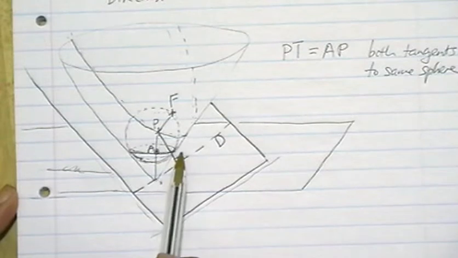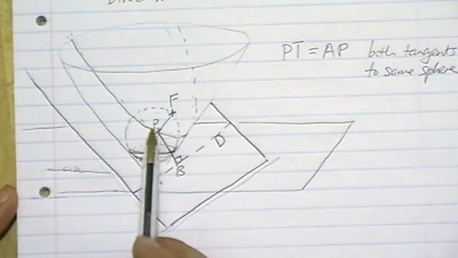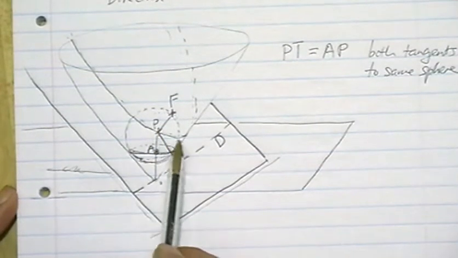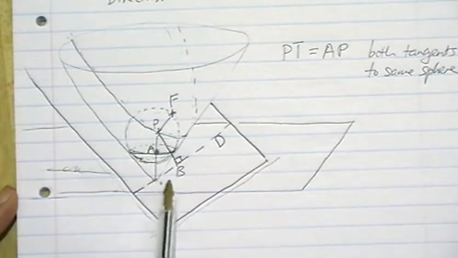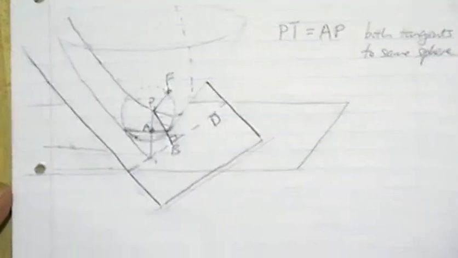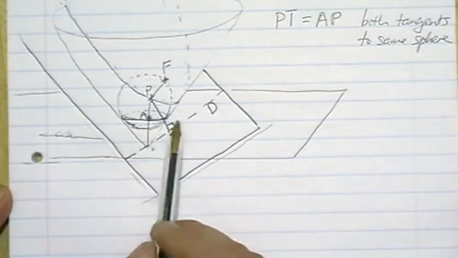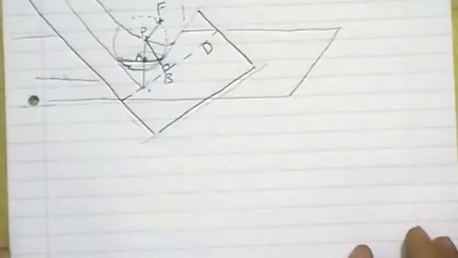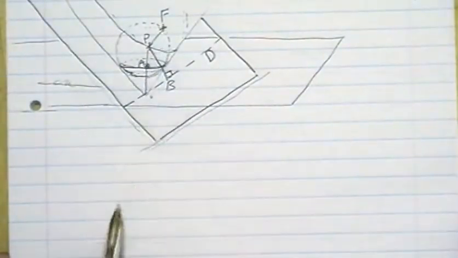What I need to do now is I need a clearer view of this part. So let me try and magnify on that part. I need to redraw this bit.